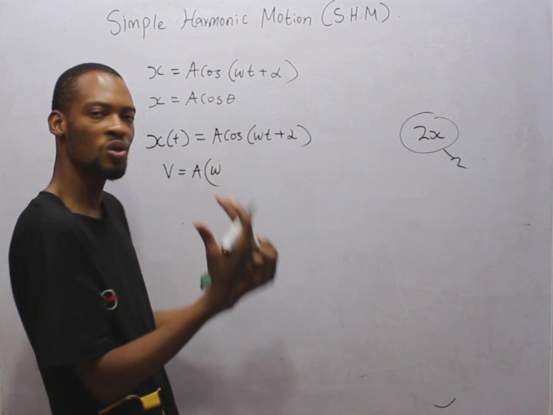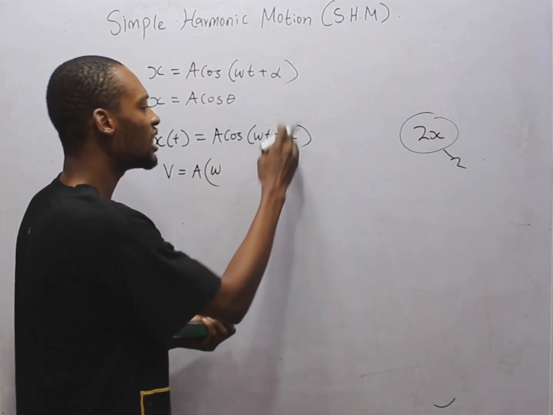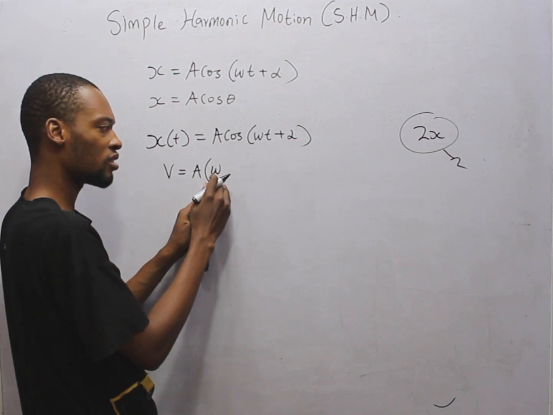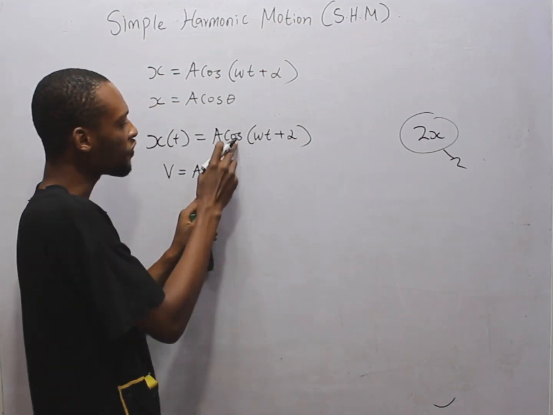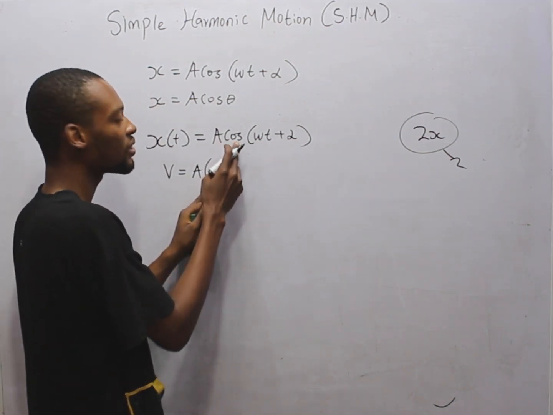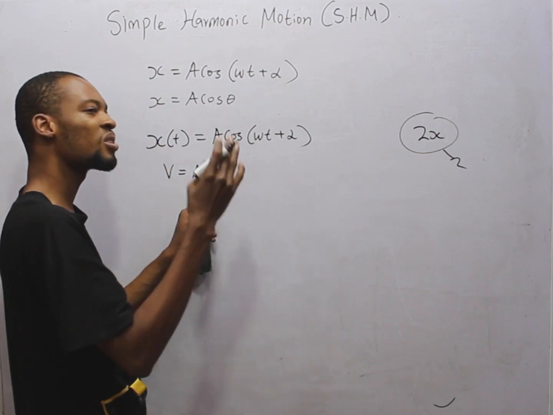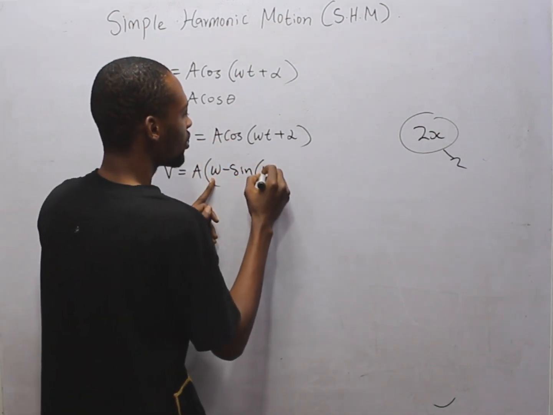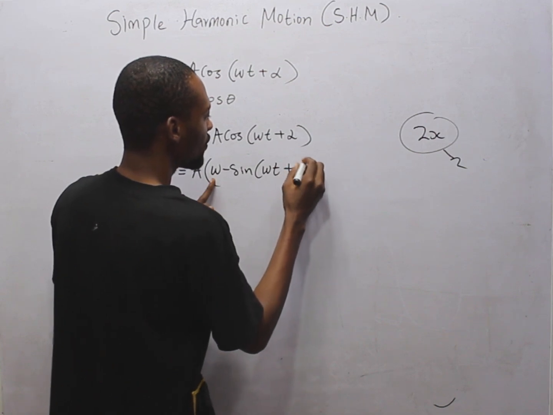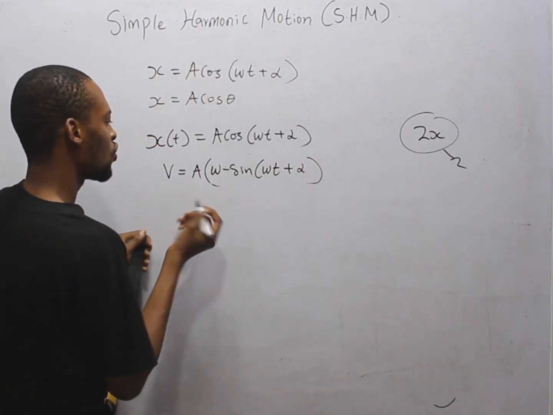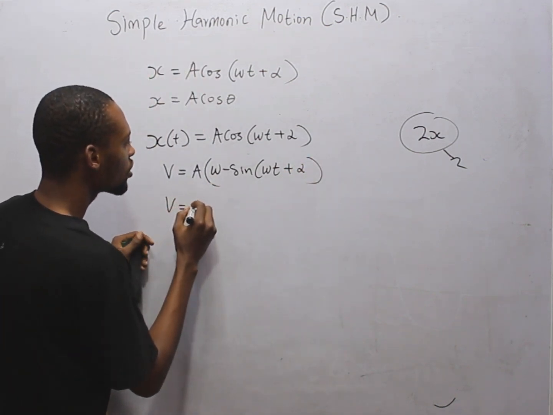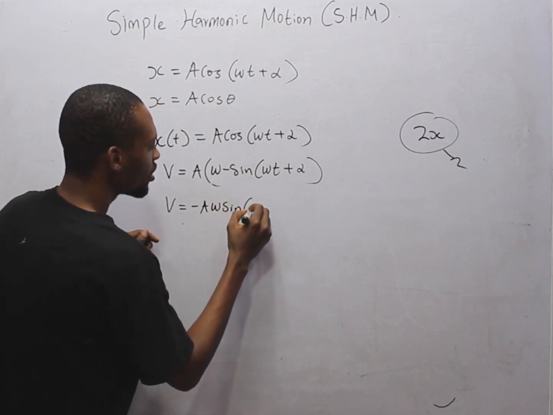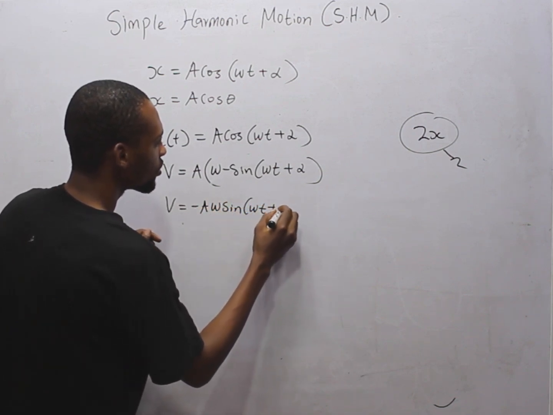Alpha is a constant, so differentiating the constant, you get 0. So we've differentiated the bracket and we got W. When you differentiate cos, you get minus sine. So this is minus sine(Wt + alpha). Rearranging, we have that velocity equals minus A W sin(Wt + alpha).